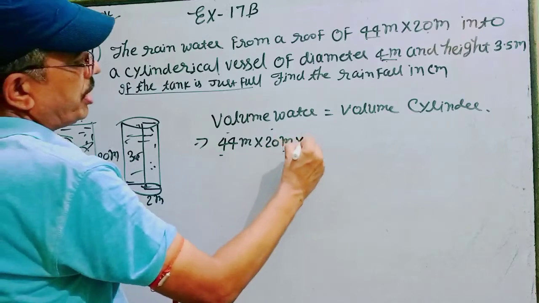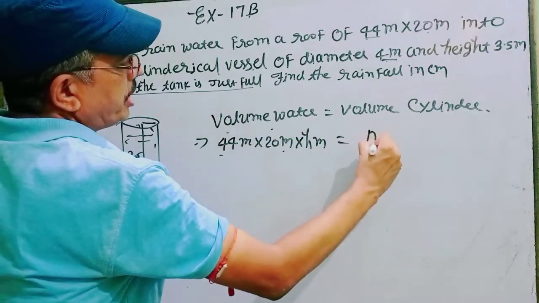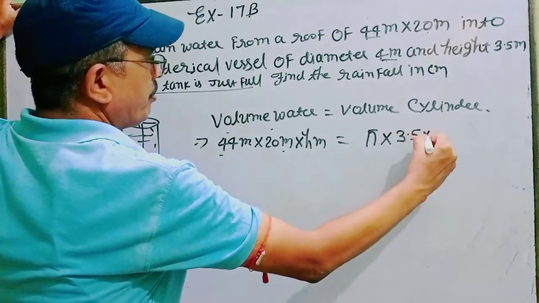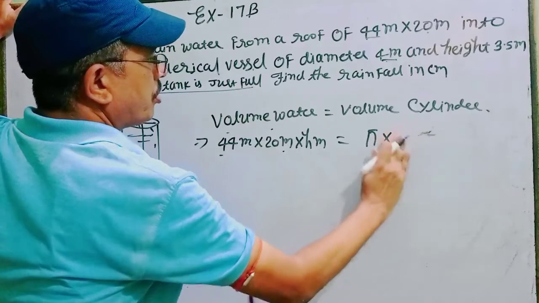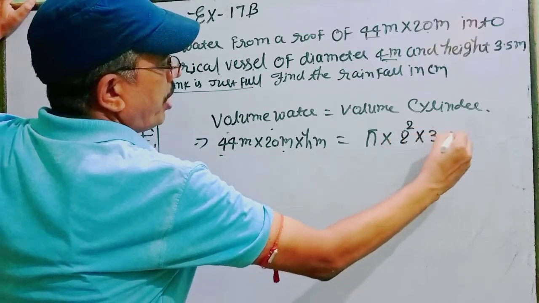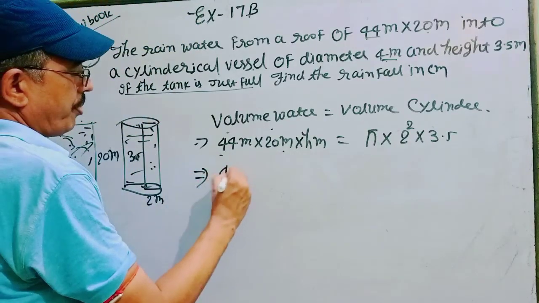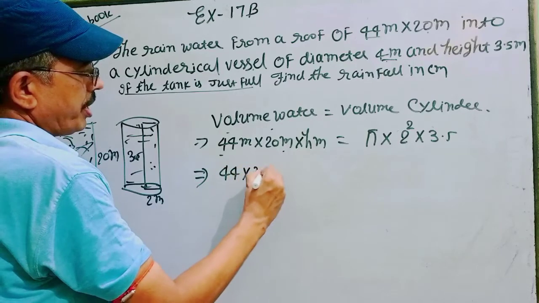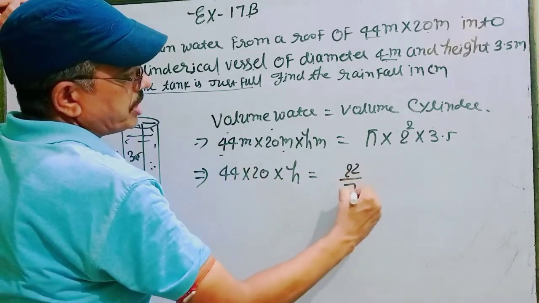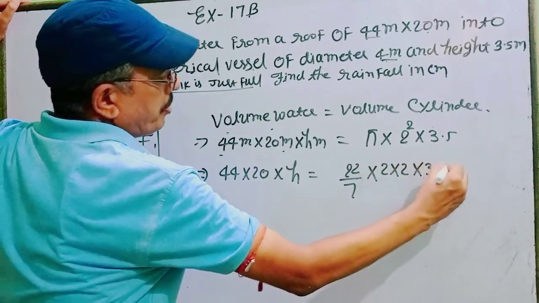So I write here h meter, and it is equal to the volume of the cylinder, that is pi r square h, that is r square into 3.5, that is 2 square into 3.5. So now write here 44 into 20 into h is equal to 22 by 7 into 2 into 2 into 3.5.